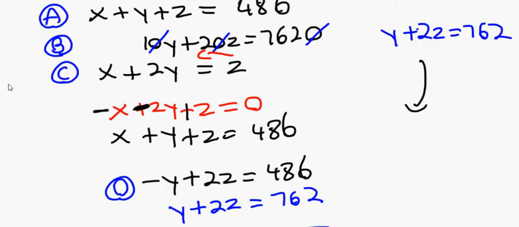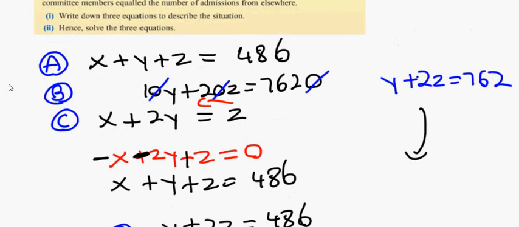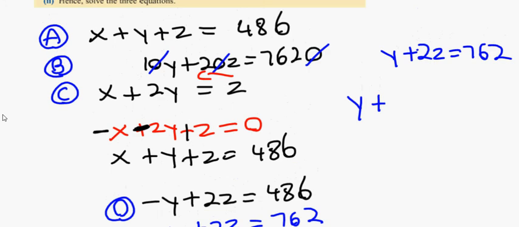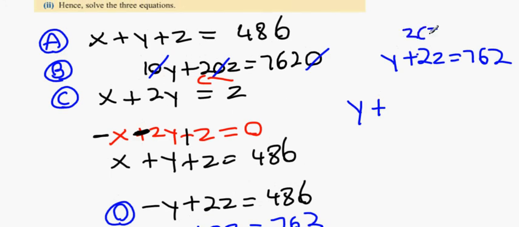Okay, now the next thing we have to realize is that if z is 312, y plus 2 times z is 762. So we get y plus 2 times 312, so 2 times 312 is 624, equals 762.